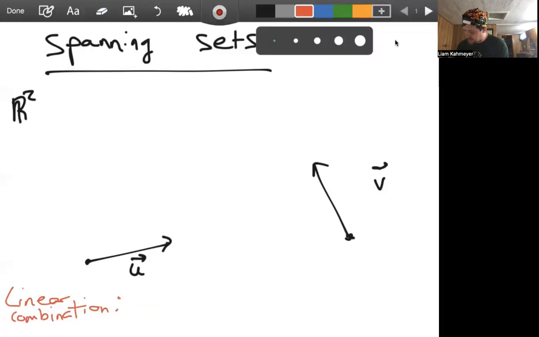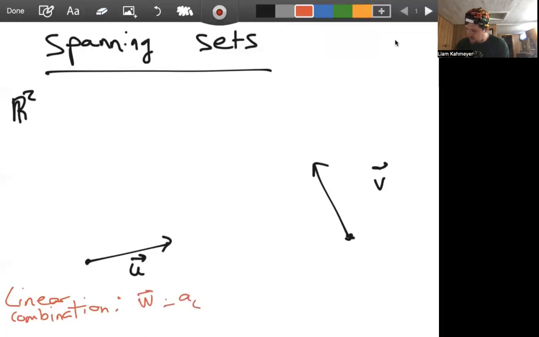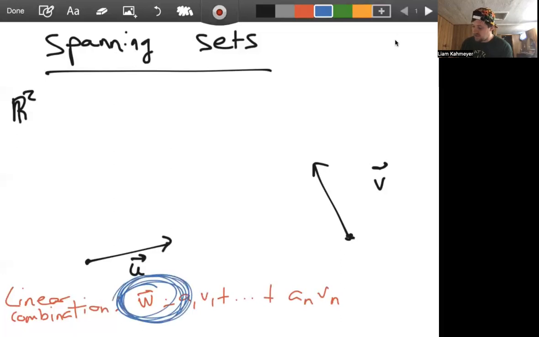We would say w equals a1 v1 plus et cetera, plus an vn, if you were looking at a collection of n vectors here. And so the idea for a spanning set is to ask the question, what is the set of all possible linear combinations of these two vectors I can get, right?